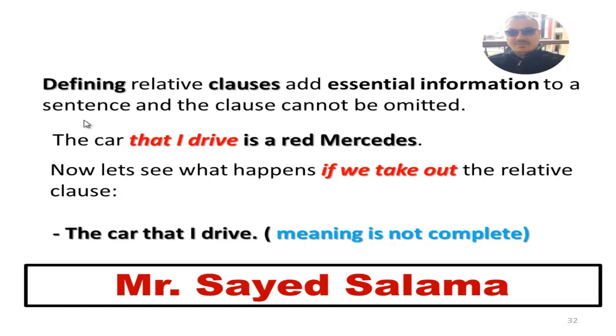Now let's see what happens if we take out the relative clause. The car that I drive, the meaning is not complete. So this is called a defining relative clause.